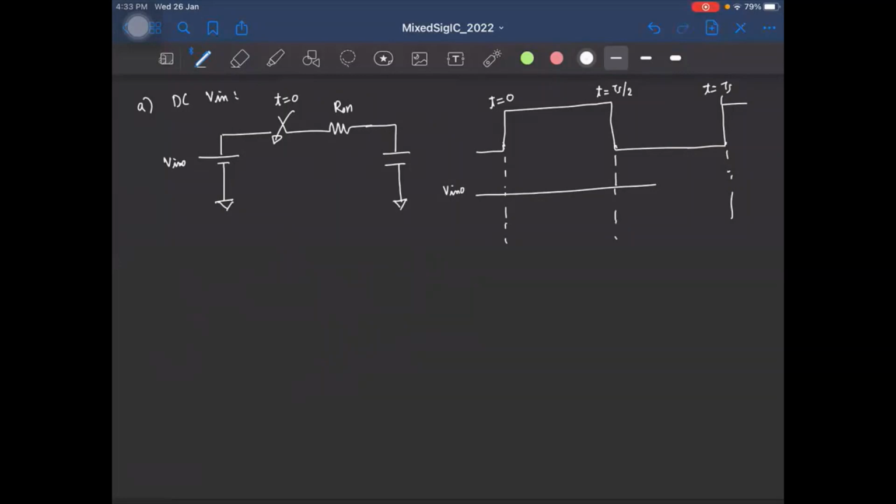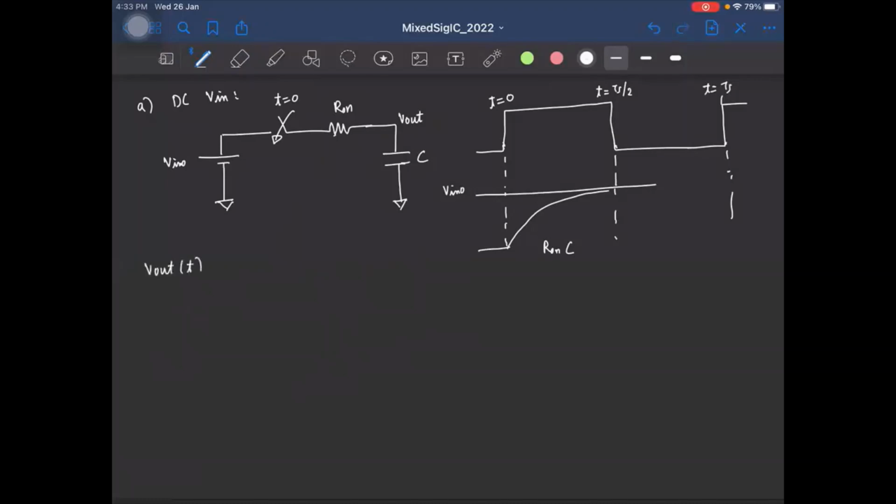Well, because of this finite resistance R on, the capacitor voltage, that is the output voltage V out, will do something like this, right? It will charge slowly with a time constant given by R on C. So what is V out of t?